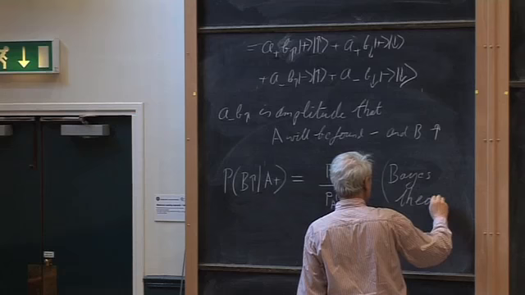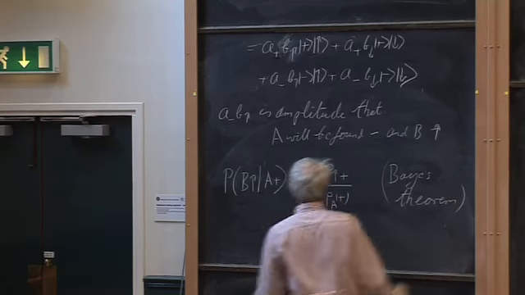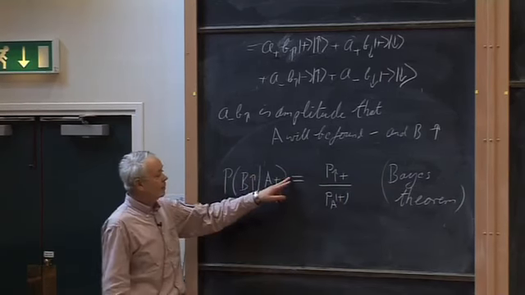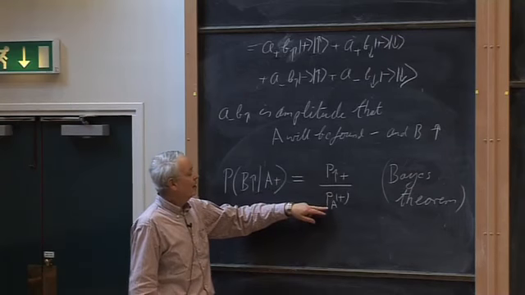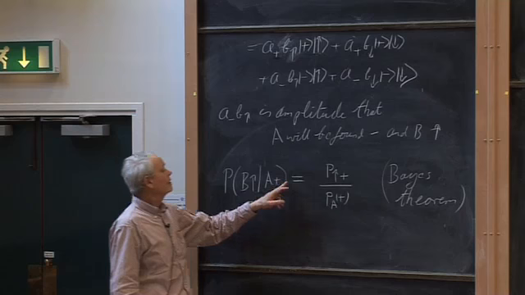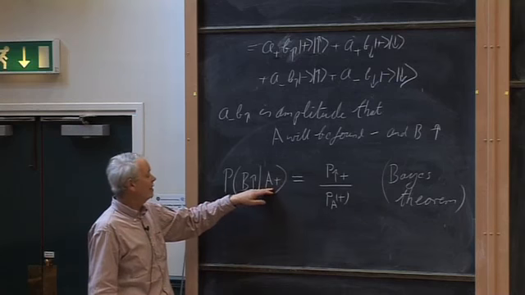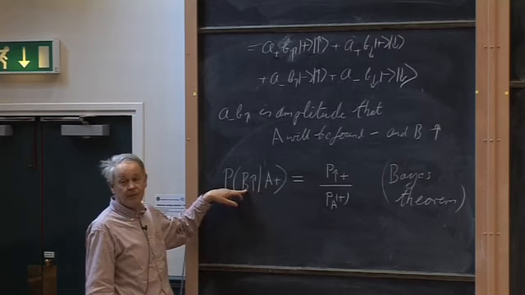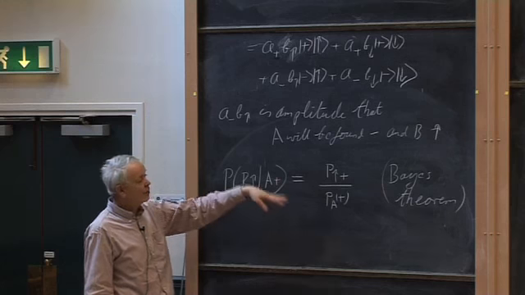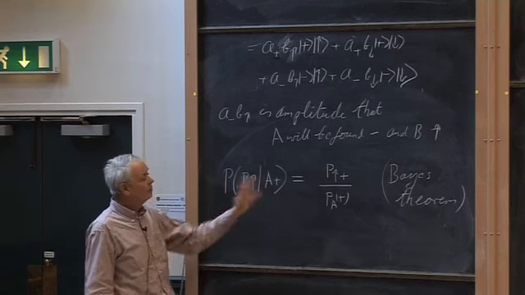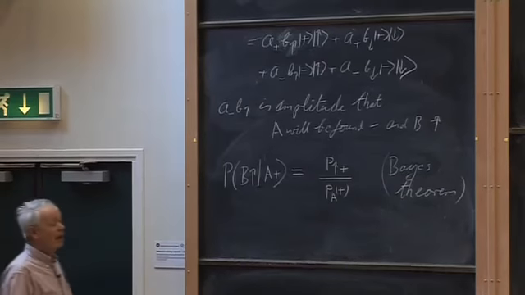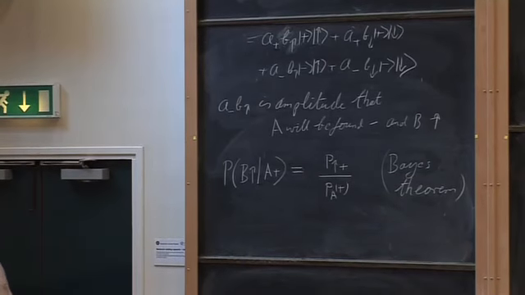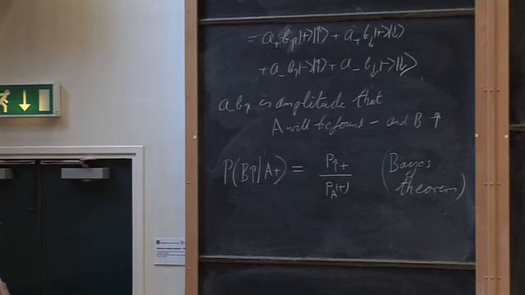But it's really a trivial rearrangement of the rule for multiplying probabilities. So this has nothing to do with quantum mechanics. This is just a rule of probability theory which now plays a very important role in statistical inference in all the sciences, physical and social.